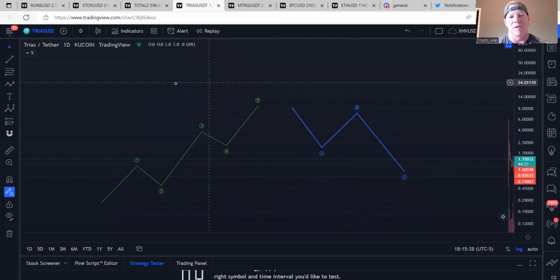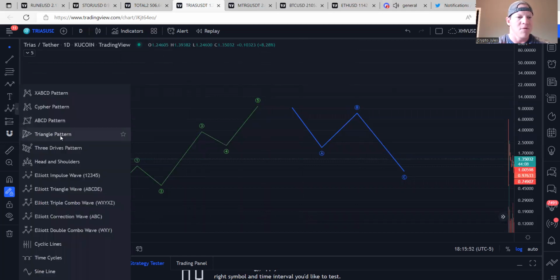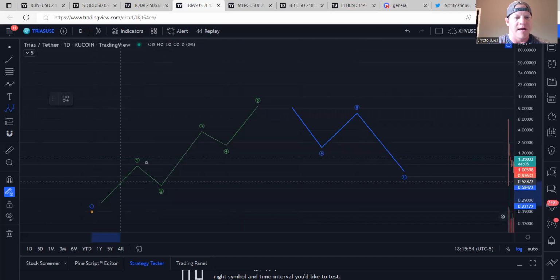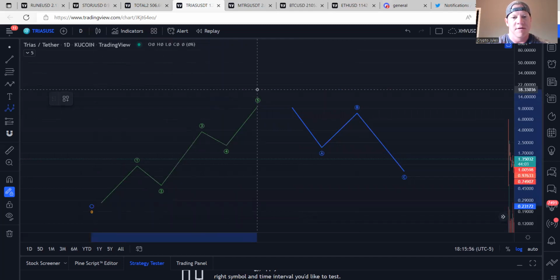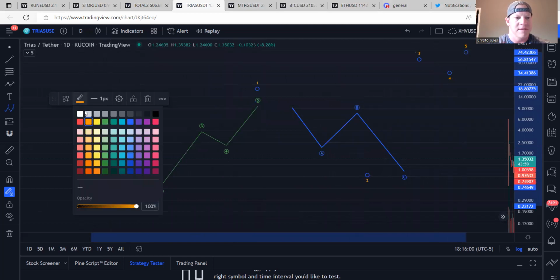If this is flipped and you're impulsive downwards, your corrections will go upwards against the trend. So these are the 2 structures you can have. This structure here, if it is macro bullish, will end up leading into a larger degree 1, 2, 3, 4, 5.